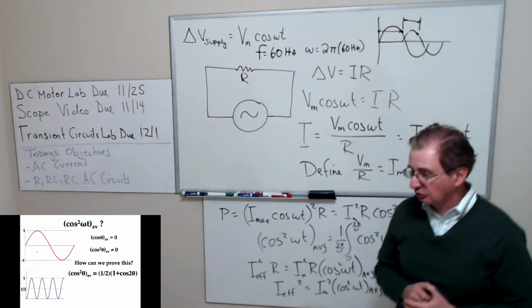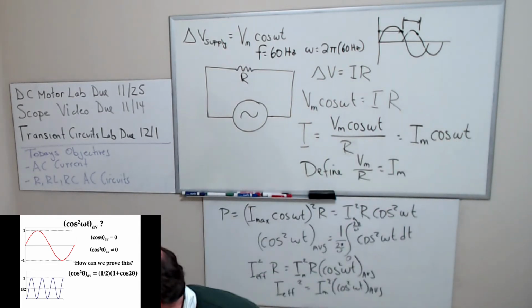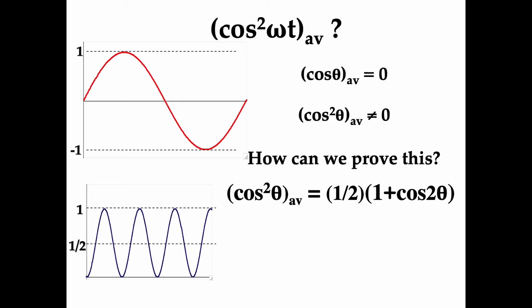Using a trig identity, I can write cosine squared of theta as one half times 1 plus cosine of 2 theta. Now, what if I take the average of that? What's the average of a half over a cycle? Just a half, right?